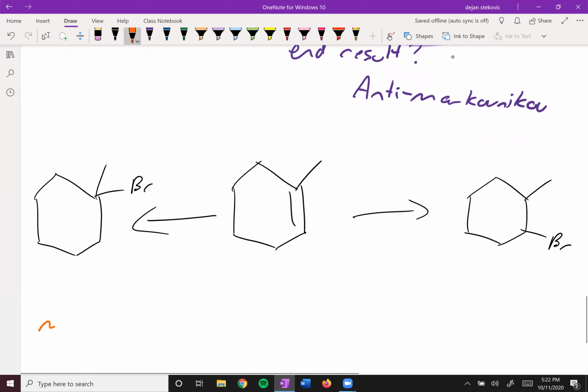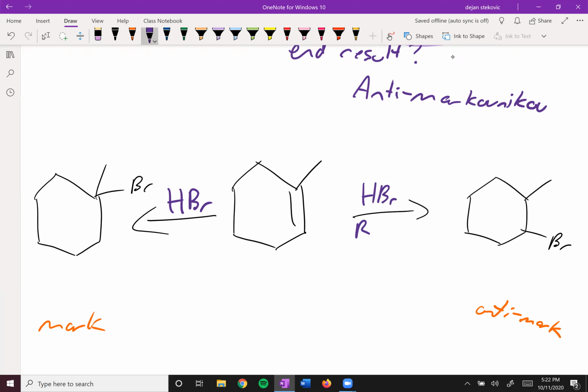On the left, this is the Markovnikov addition. On the right is the anti-Markovnikov addition. For the product on the left, we want to add some HBr. For the one on the right, we add some HBr, but we add some radical initiator and some heat to get our product.